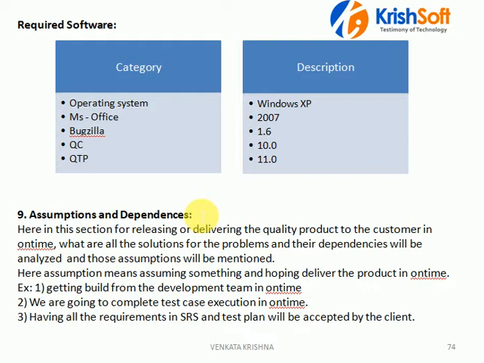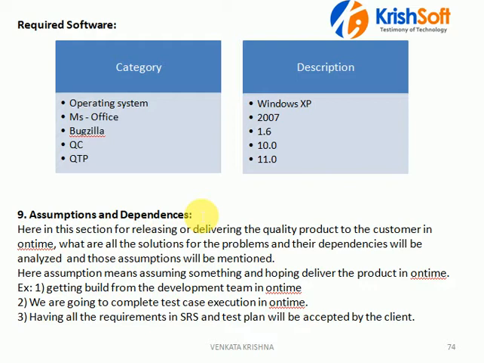That is my assumption. My test plan will get approved by the client on time. So these are all the assumptions. Once these assumptions are true, then happily we can continue with our flow. If any of these things fail, then we need to think about what the alternative is.